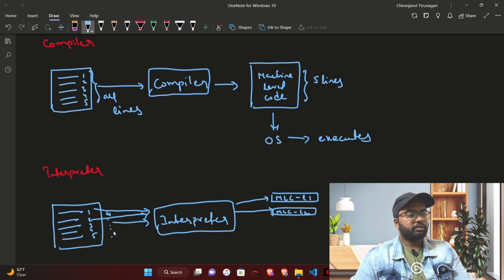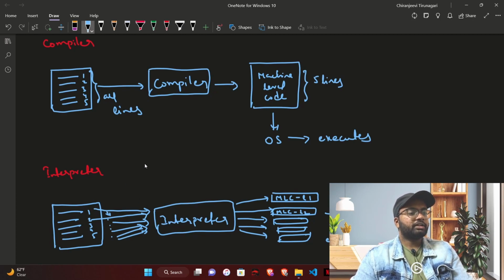Like that, it will take each one of them and convert each one separately. And all of these are given to the OS, and the OS executes.